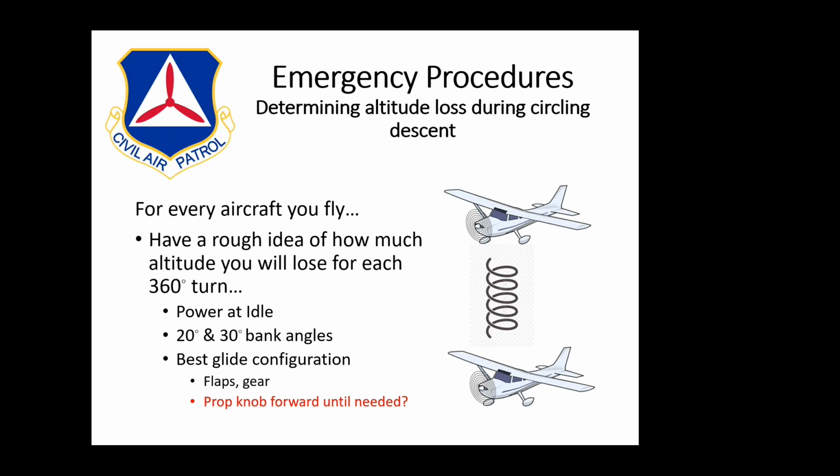And when I ask people to estimate, I've gotten some really interesting numbers in terms of how much altitude you actually lose. And not only that, how much do you lose at 20 degrees versus 30 degrees? Anybody out there want to give a guess for basically the same conditions? What the altitude loss is at 20 degrees versus 30 degrees of bank? Not the amount, but which one is greater?